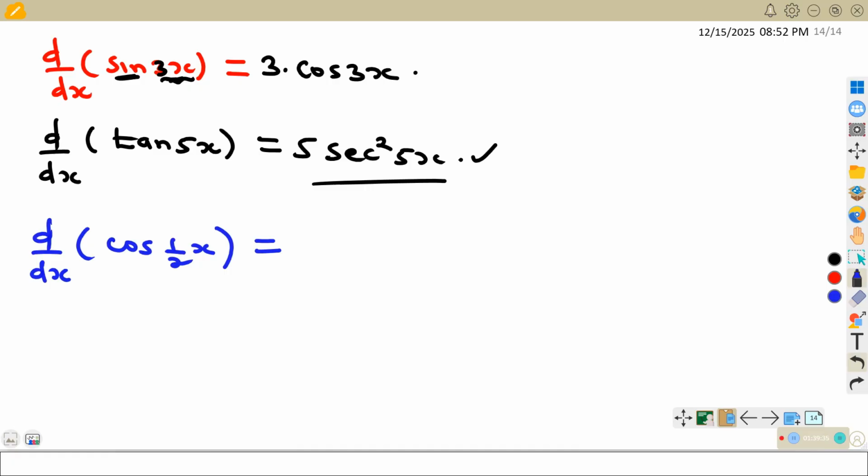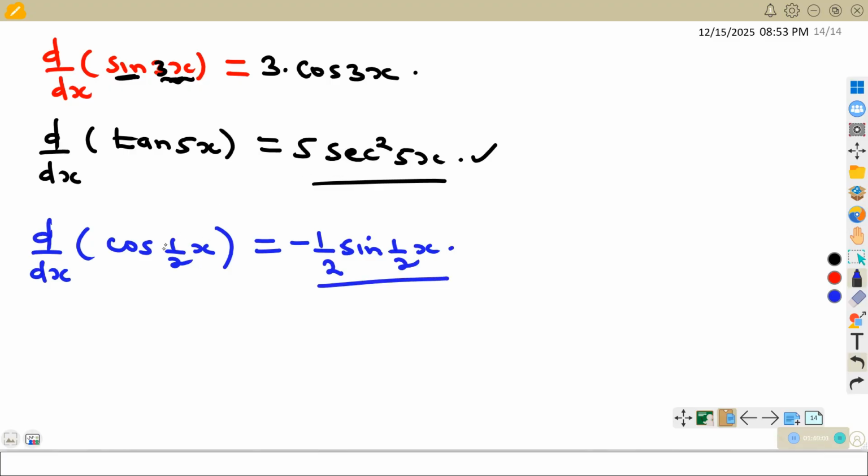You get negative a half sine of a half of x.